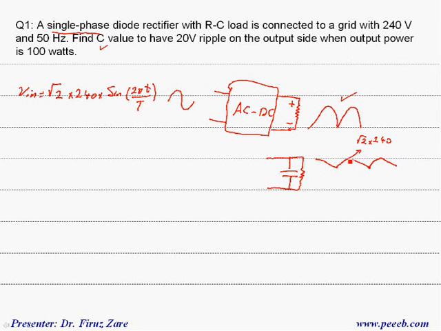If the voltage across the capacitor is fully charged at this point and then discharged at this point, the ripple across the capacitor, which is defined as 2 delta V, can be calculated based on the capacitance value and other parameters.